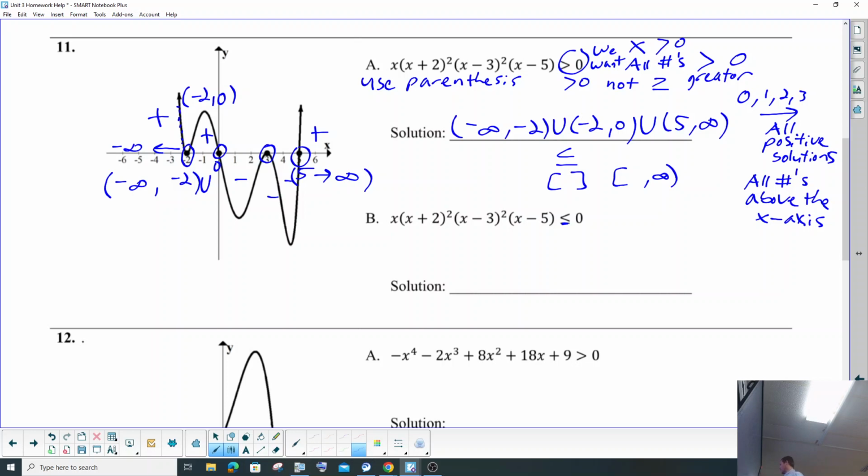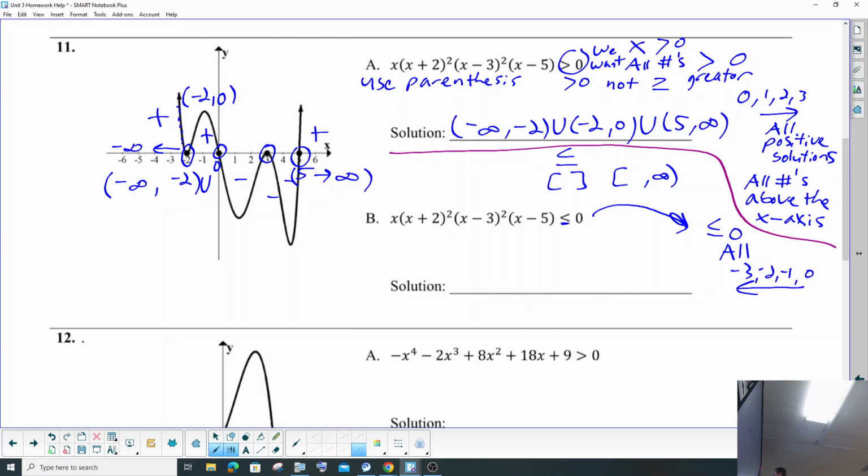Okay, so what does less than or equal to 0 mean? Less than or equal to 0 means all negative numbers, less than 0. So -3, -2, -1, 0, in that direction. So all negative numbers is what we're looking for, and you may need to be a little bit more specific.